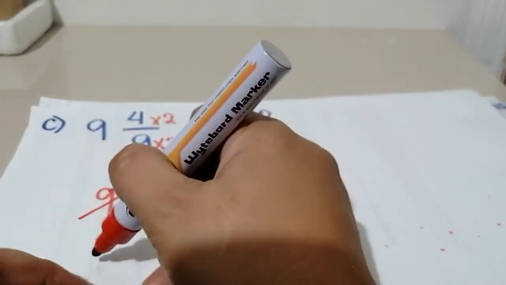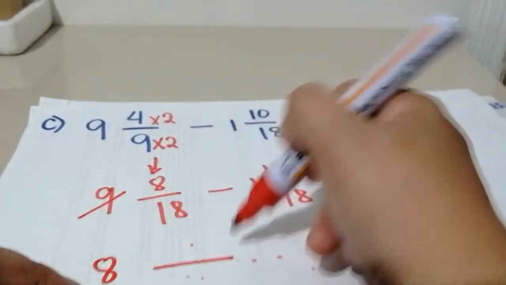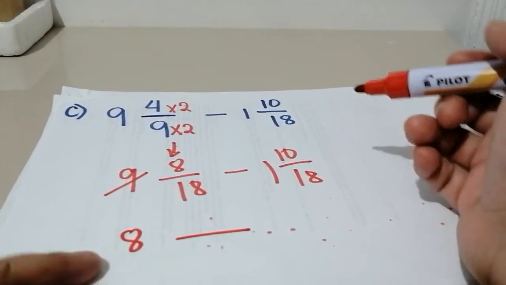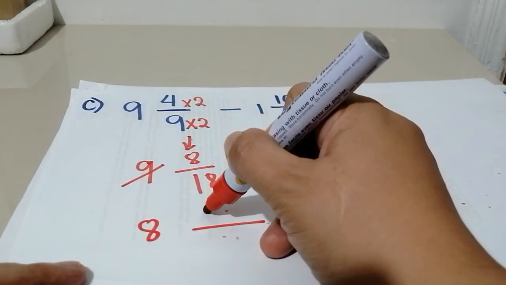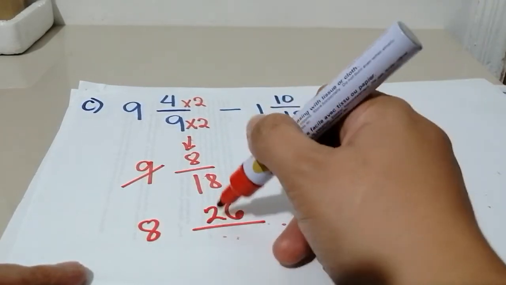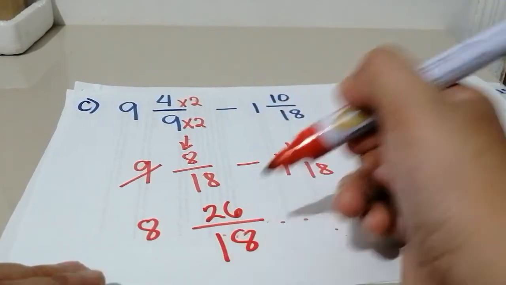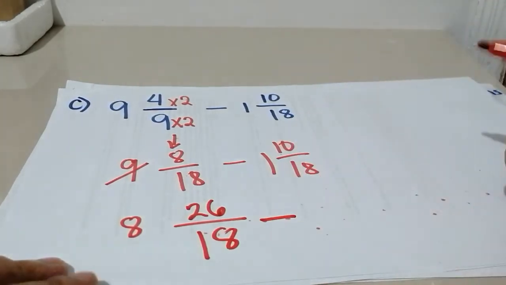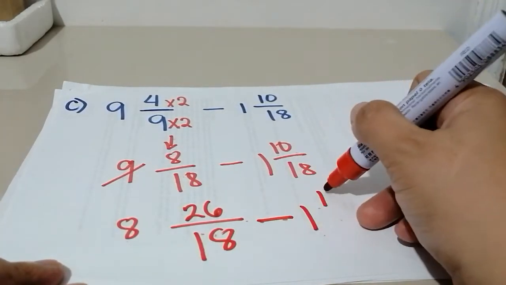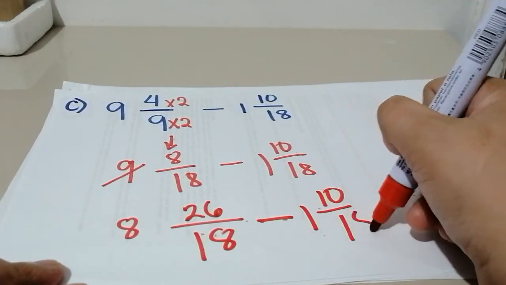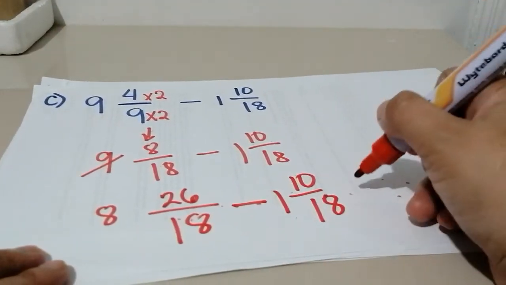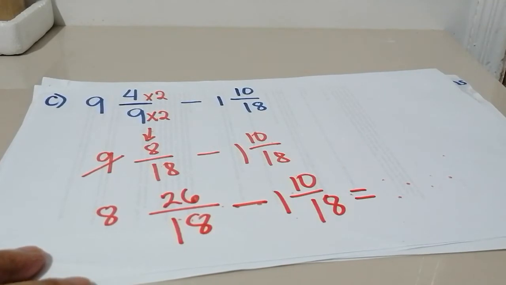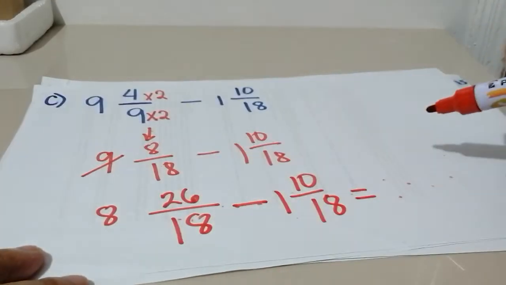So 9 will become 8. And the new numerator will be the sum of 8 plus 18, and that is 26. And then just copy 18 here. Minus 1 and 10 over 18. Okay, so 26 minus 10 is now possible. Kaya pwede na natin i-subtract tong dalawang fraction na to.